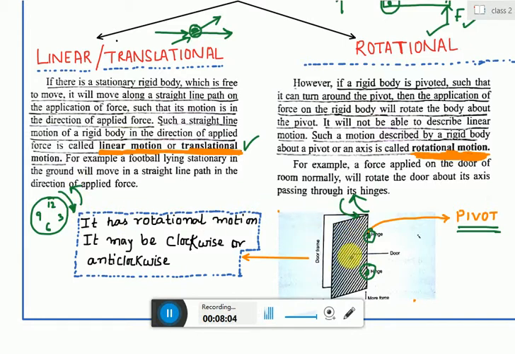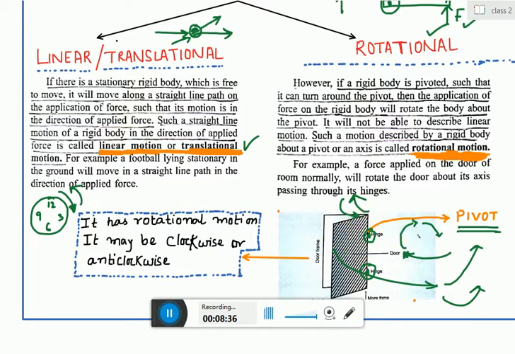If you see the example of the door, if you pull this door like this, then the movement of the door is like this. So it is basically anti-clockwise movement, and if you push this door, then the movement is like this. If you trace this path, then it will be a clockwise movement. So rotational motion can be of two types. One is clockwise, another is anti-clockwise.